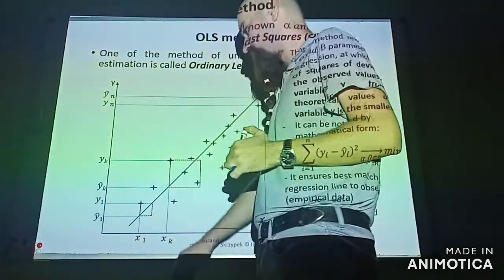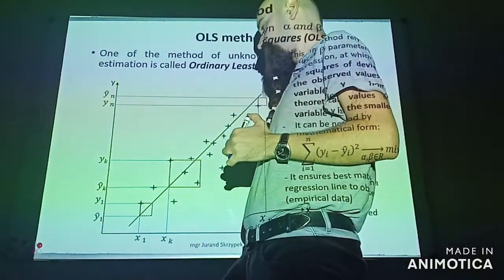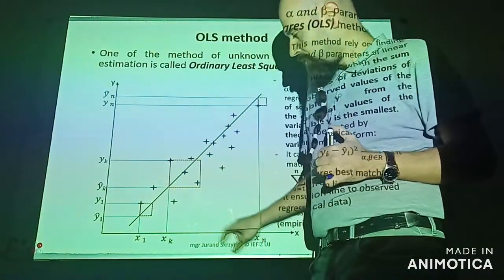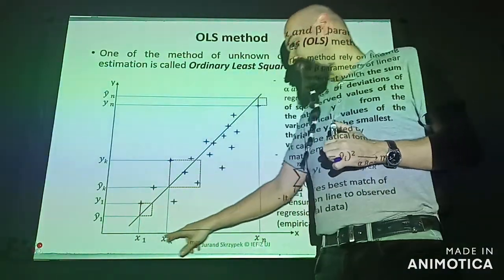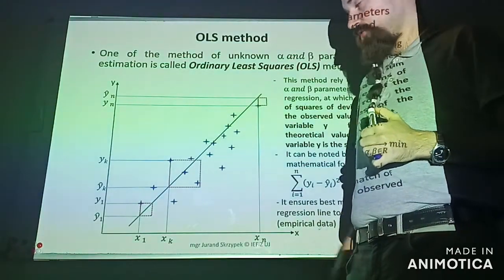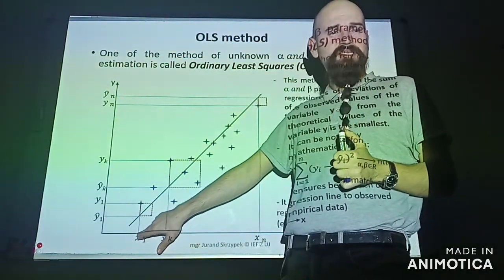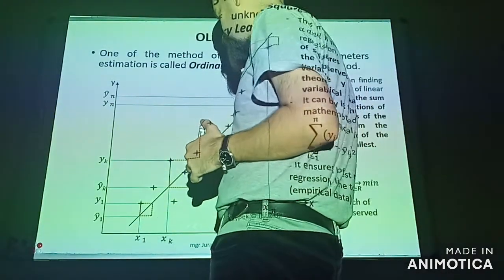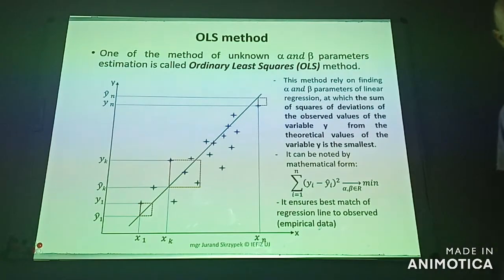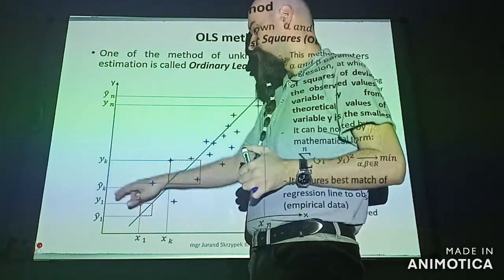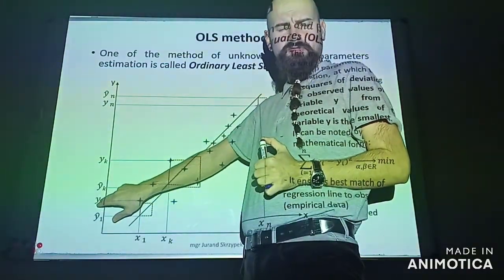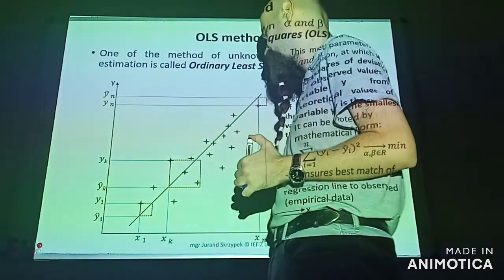We can designate empirical values of y and theoretical values of y. As you can notice, we have no theoretical values of x because x is the independent variable. Theoretical values characterize the dependent variable only.